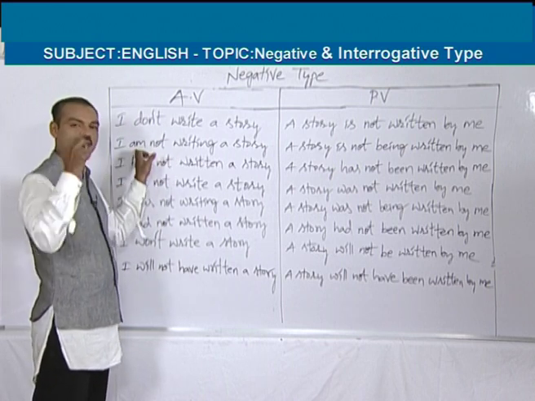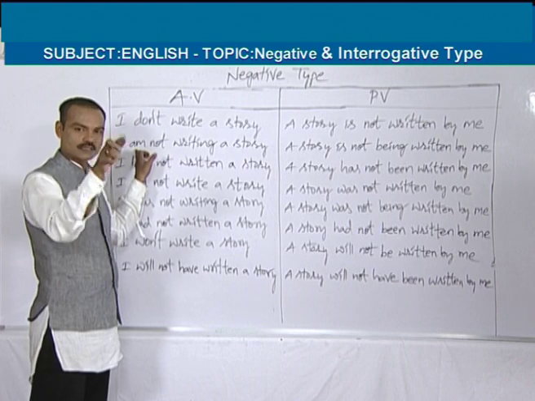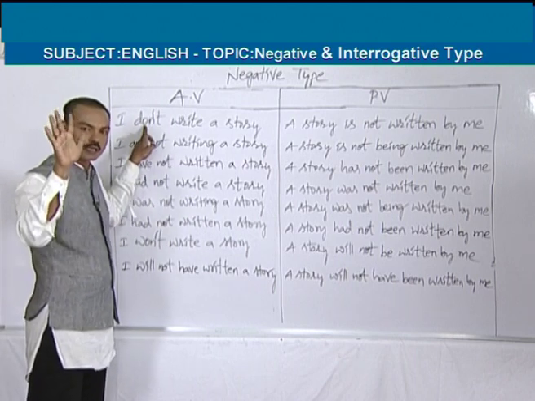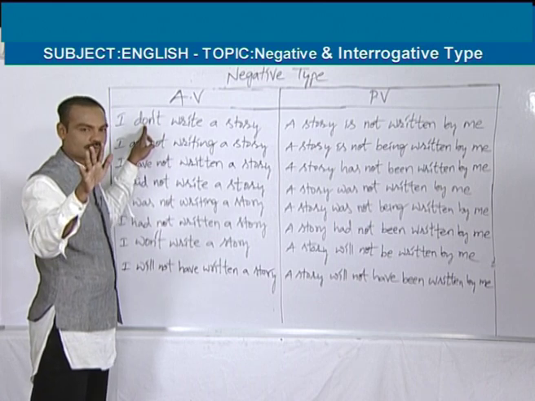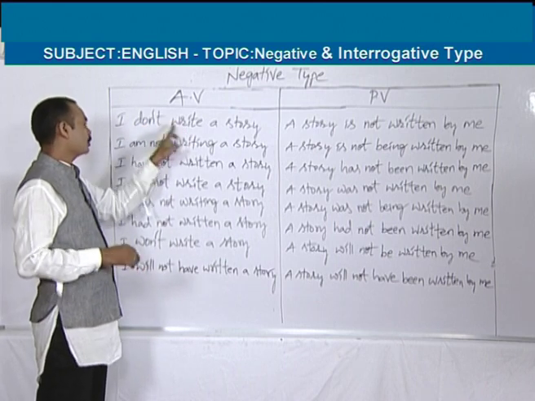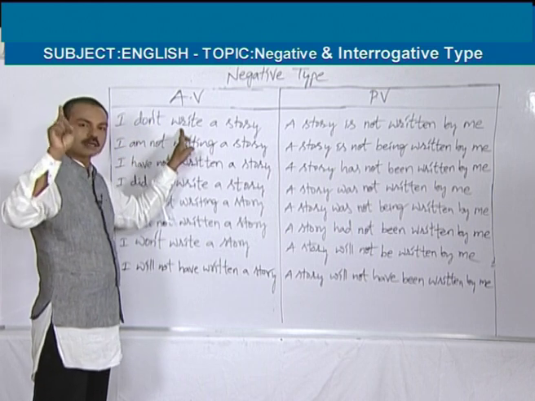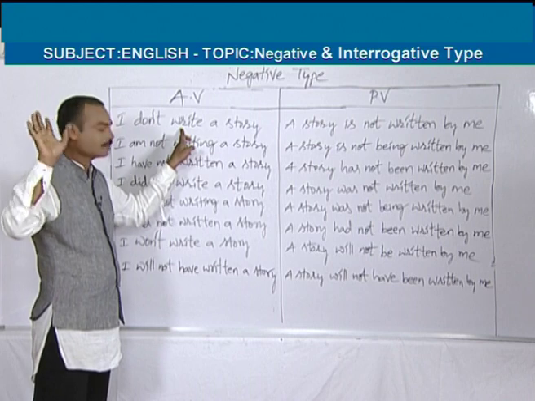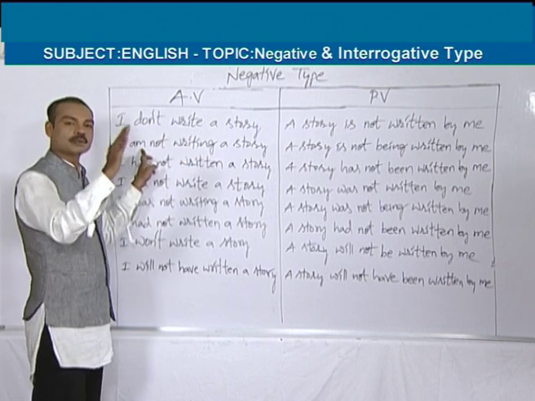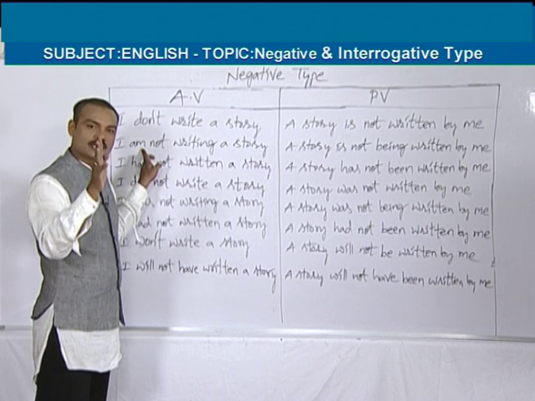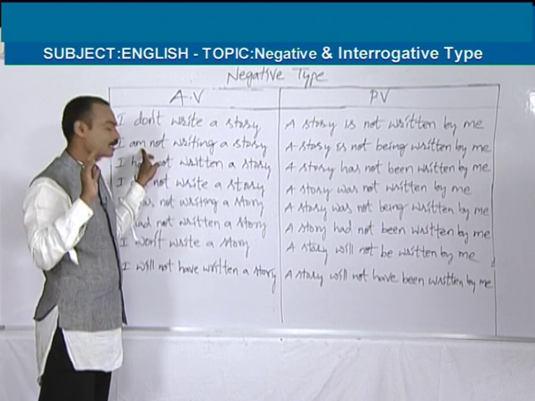I am not, we are not, you are not, they are not, he is not, she is not. Here, after I, we, you, they, don't; after he, she and any singular subject, doesn't. So whenever you find either don't or doesn't in the sentence, that is a negative statement of simple present tense. Whenever you find am not, is not or are not, those are sentences of present continuous.